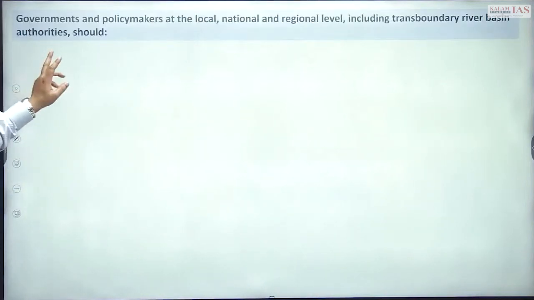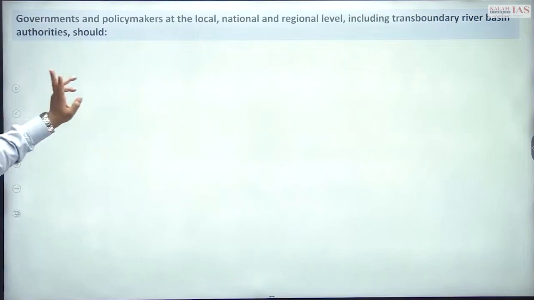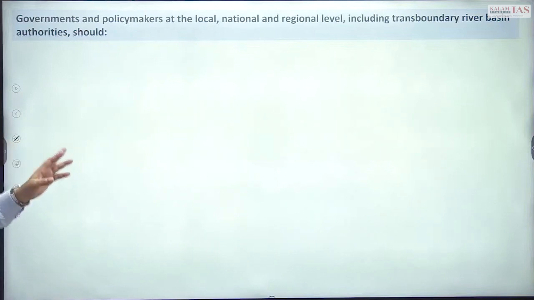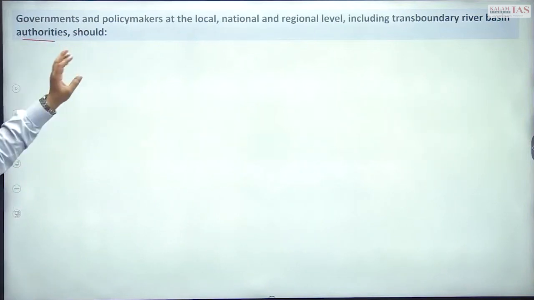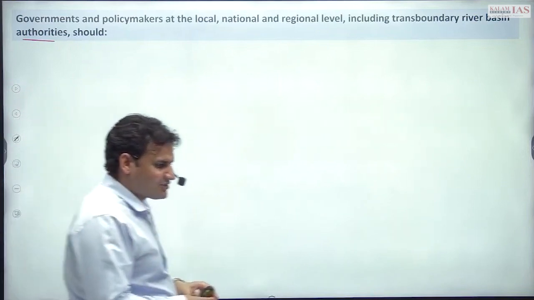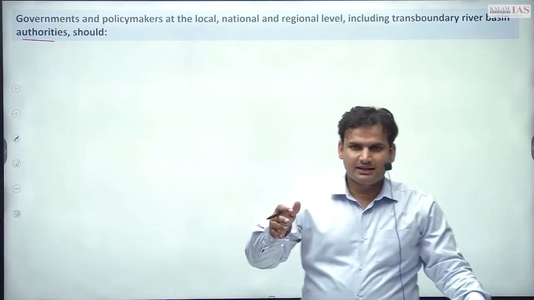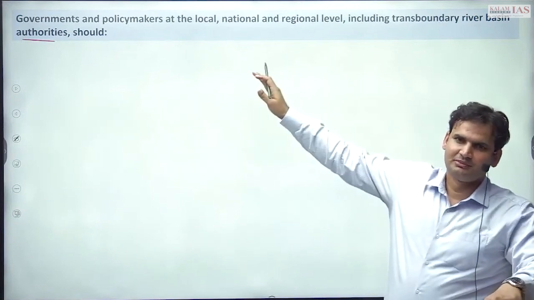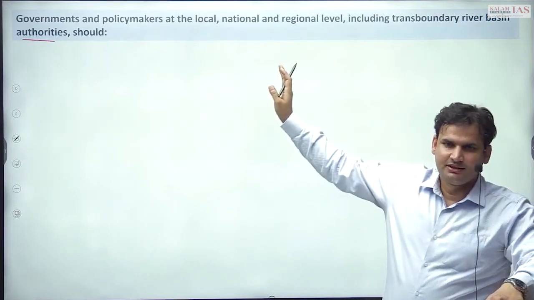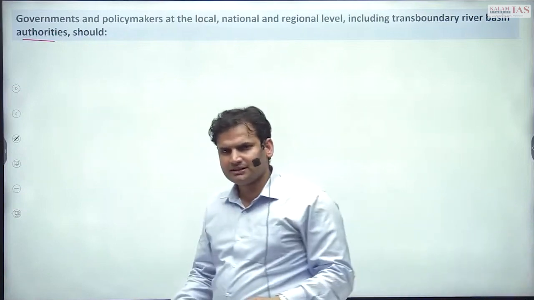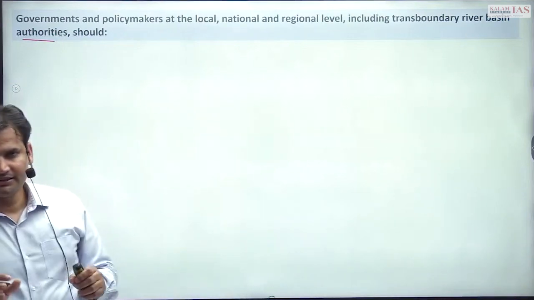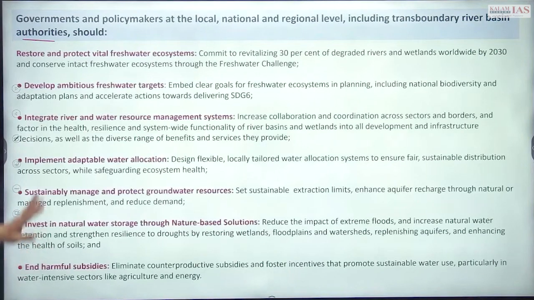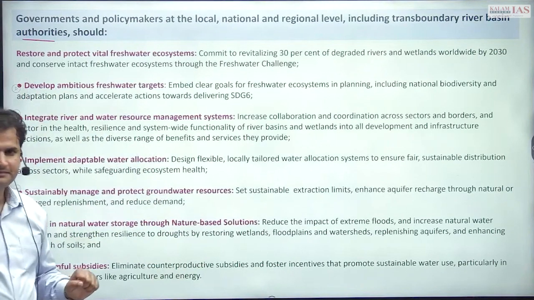So governments and the policy makers at local, national, regional level, including transboundary river basin authorities should, because rivers do not need a visa or passport to cross a particular country or a region, right? So international collaboration definitely is required. Among riparian states there should be cooperation, collaboration, right? So there are a number of points.